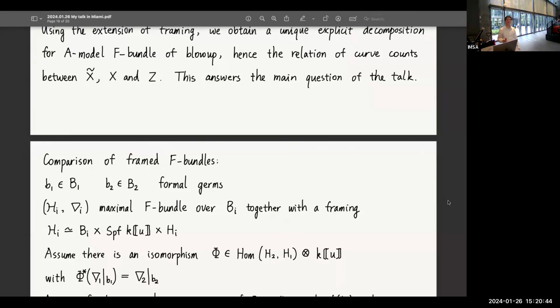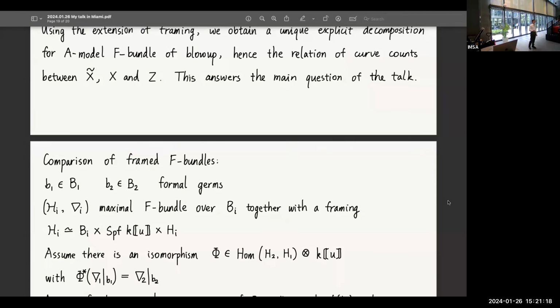Assume we have an isomorphism phi, which lies in Hom from H2 to H1 with coefficients in K double bracket U, such that the pullback by phi of nabla 1 at b1 gives nabla 2 at b2.